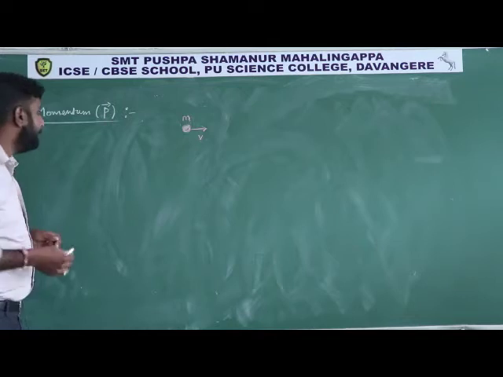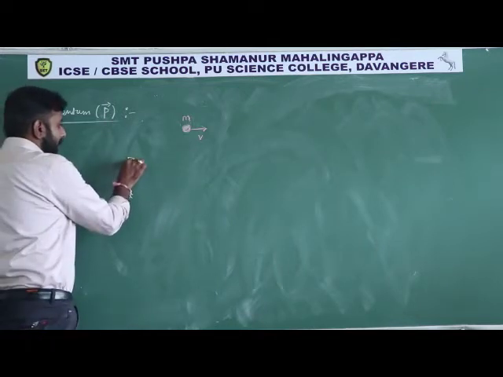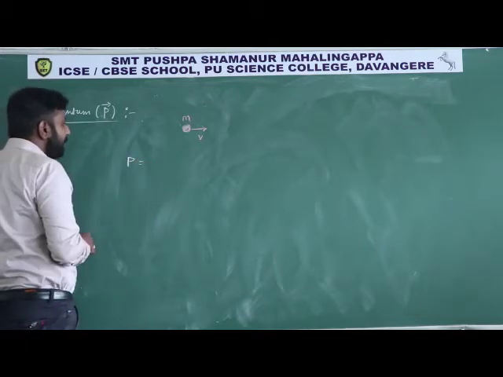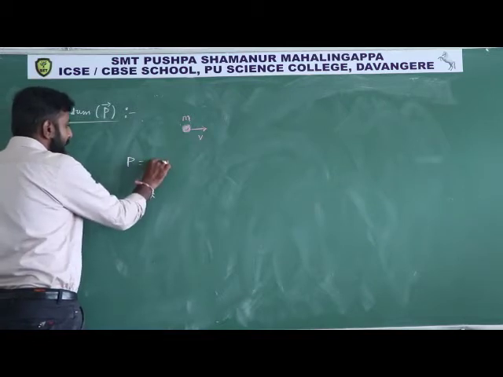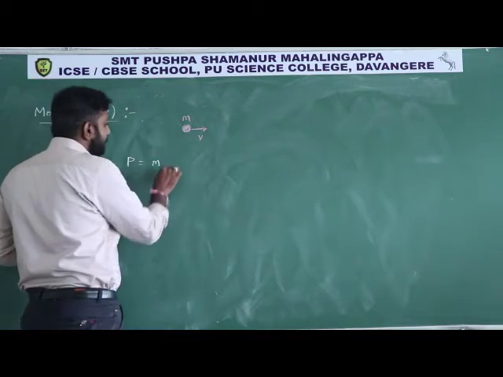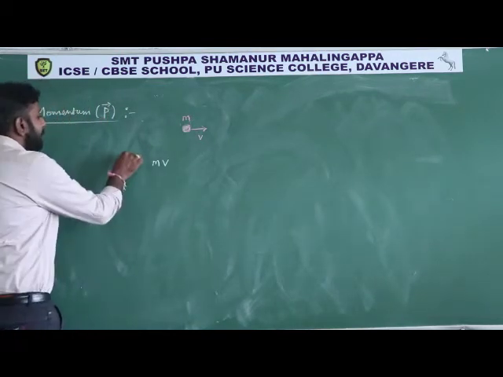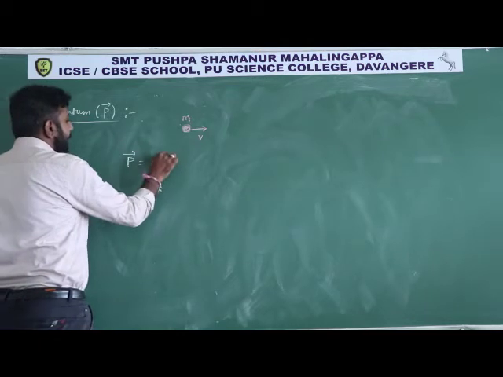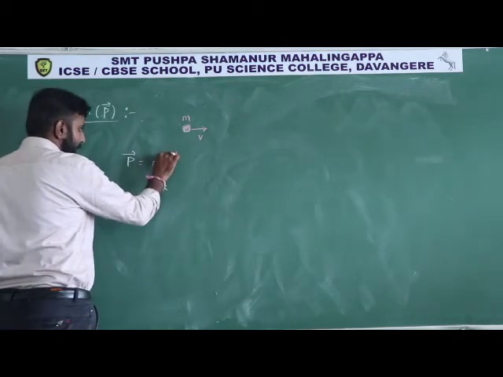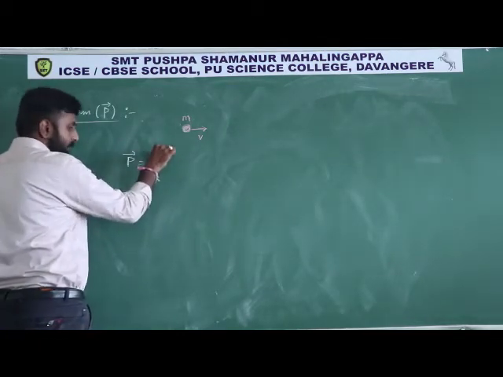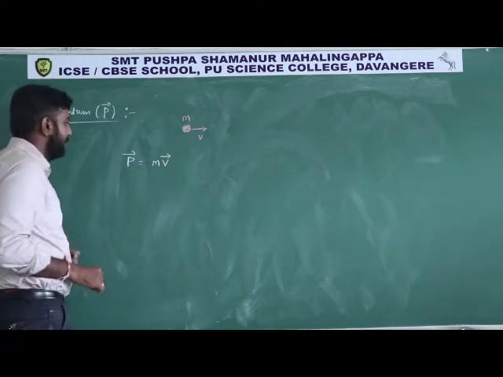Momentum is defined as the product of mass and velocity, P equals m into v, where momentum is a vector, mass is a scalar quantity, and velocity is a vector quantity.